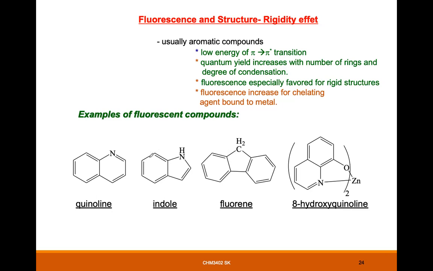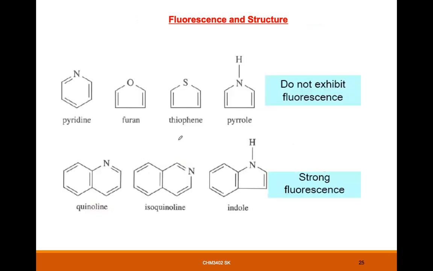You can see the double bonds are alternating. So the electron is delocalized, which means the electron is more free to move around the double bonds. When you have these conditions, the freedom of the electron to move is higher compared to those here.